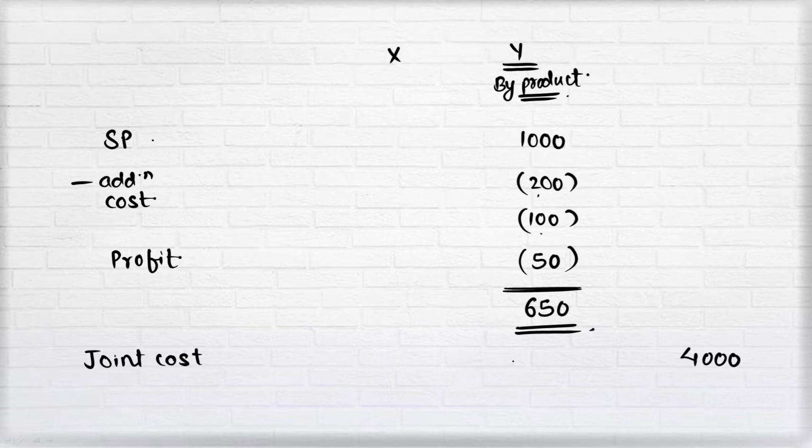I will be distributing 650 cost to Y, and I will be distributing the remaining. What will be remaining? 3350 cost to X. What is joint cost apportionment? 3350 and 650.